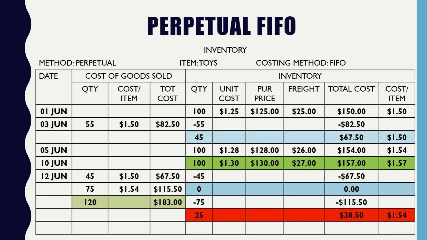Now in this case, we're looking at selling the whole batch of inventory. So at the end of the day, we're not going to journalize that we got rid of this 45 batch and then we got rid of this 75 batch when we sold a total of 120.